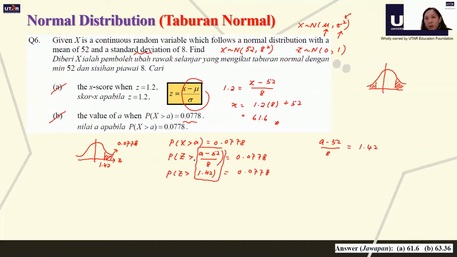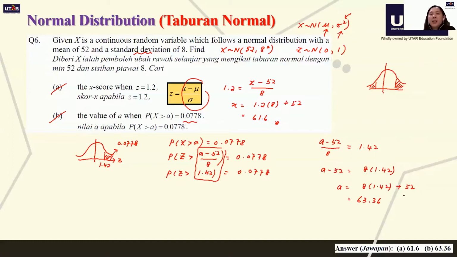Compare what is given inside, with the probability the same for both. A minus 52 equals 8 multiplied by 1.42, and my A will be this answer plus 52. Then you can simplify to get 63.36. The value of A is 63.36.